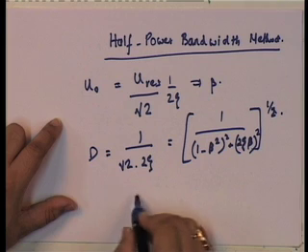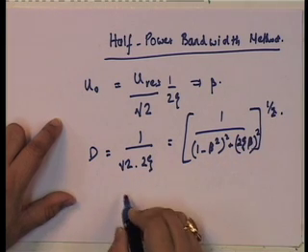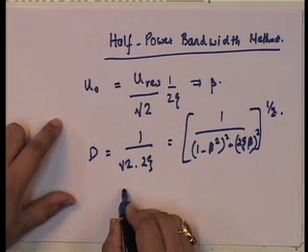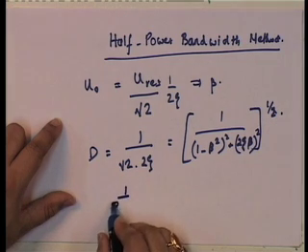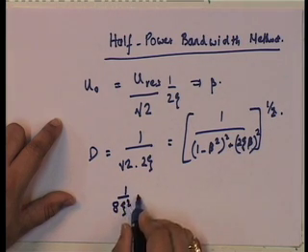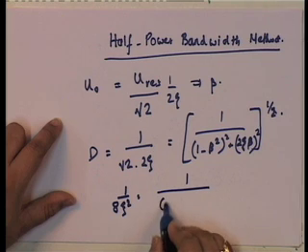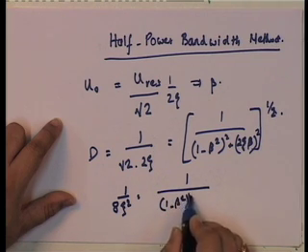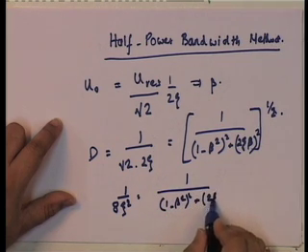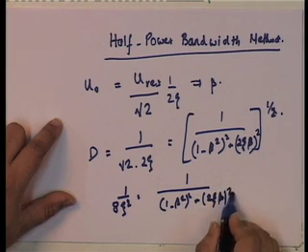If I take the square of both sides, what I get is 1 upon 8 xi squared is equal to 1 upon (1 minus beta squared) plus (2 zeta beta) squared.